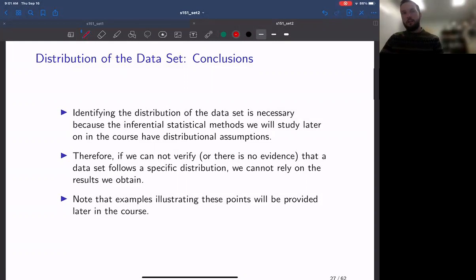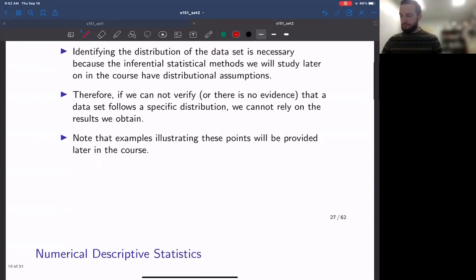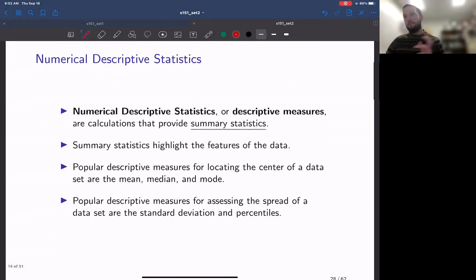The next thing that we're going to talk about in this lecture set are actual numerical descriptive values. Up until this point, we haven't been focused on any kind of calculation. We've really just been focused on definitions, how to organize data based off of bins, and then how to sketch a graph based off of that binning procedure.